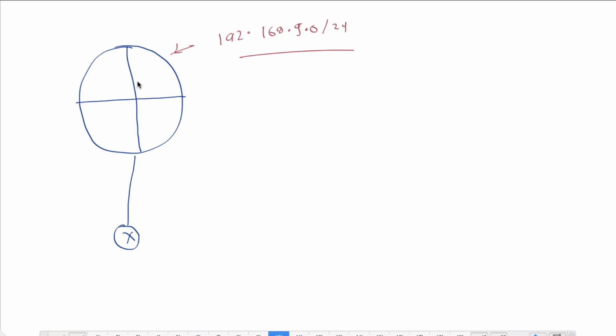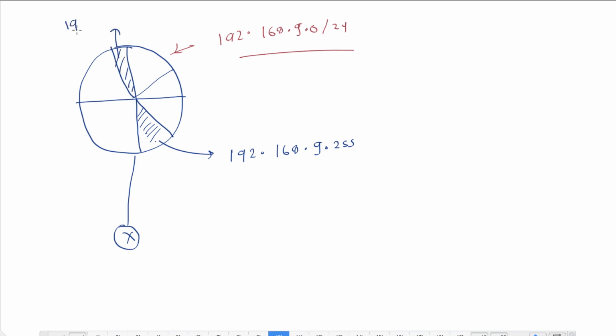But you have divided this network into smaller subnetworks, let's suppose 16 subnetworks, and the last subnet has the directed broadcast address 192.168.9.255, and let's suppose this is the first subnet.